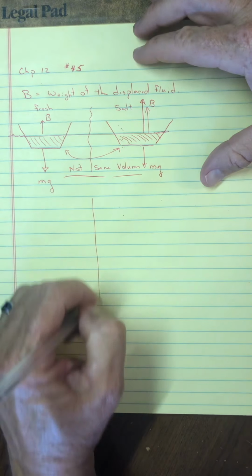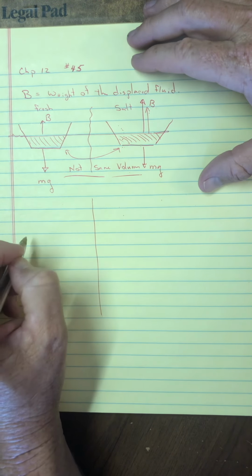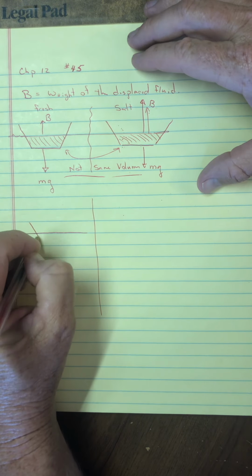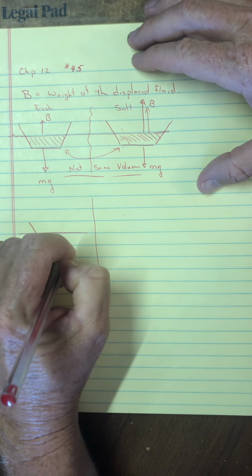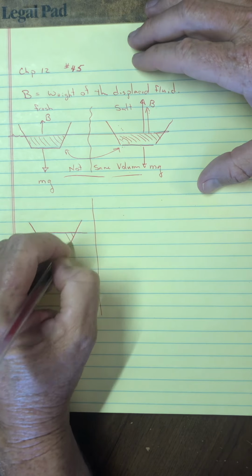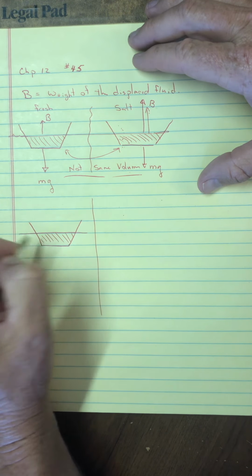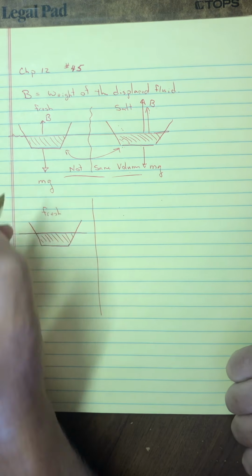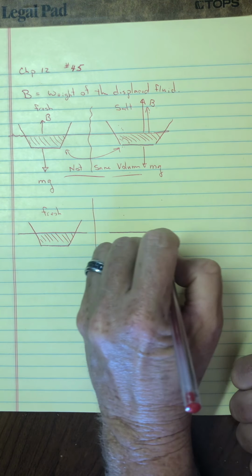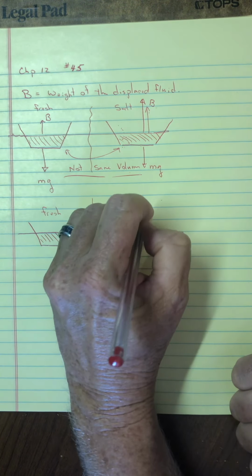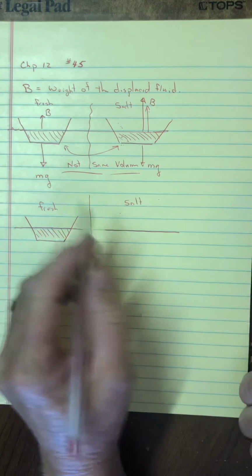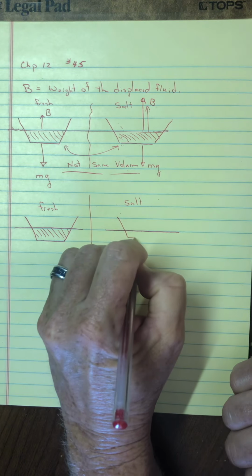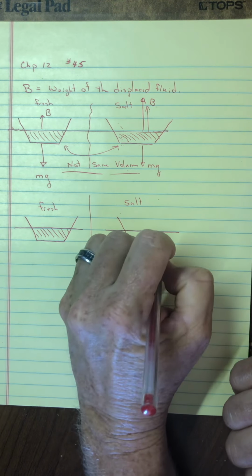So a better picture in your mind of what is happening: if this is the water level, and the fresh water looks like this, it's displacing this much volume of fresh water. Then if this is the water level in salt water, it would actually displace less.